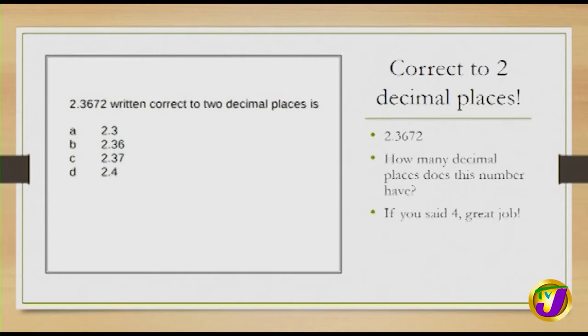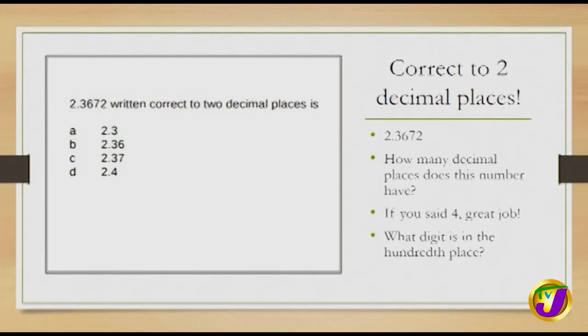There are 4 decimal places in this number, and you're asked to give the number correct to 2 decimal places. So we want to look at what digit is in the 100th place. And the digit 6 is in the 100th place. So we want to look to the right of that digit. To the right of the 6 is a 7. 7 is greater than 5.